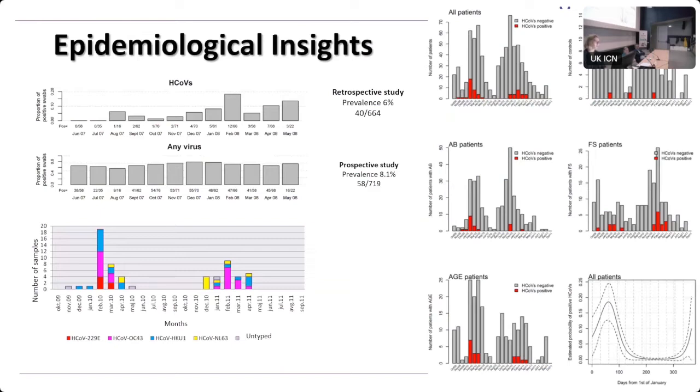The prevalence in the retrospective study was 6%, and in the prospective study, from October 2009 to September 2011, it was 8.1%. All these distributions you can see on both figures, on the left and on the right side. We also detected all 4 species of coronaviruses in all 3 years, with HKU1 most prevalent.